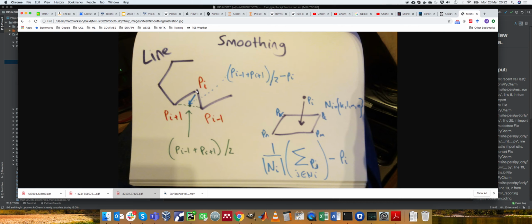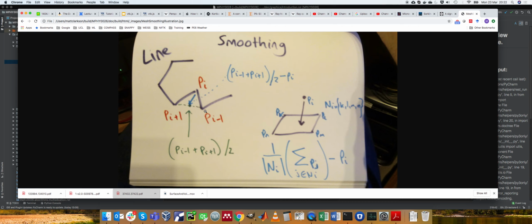Either way, if I'm traversing round the curve this way, this is the point before that one, and this point, Pi plus 1, is after Pi. Therefore, Pi minus 1 plus this point plus this point divided by 2 must give you the average point here.